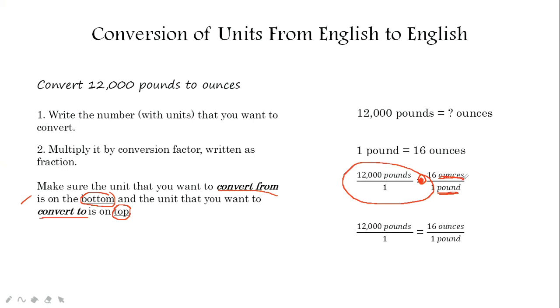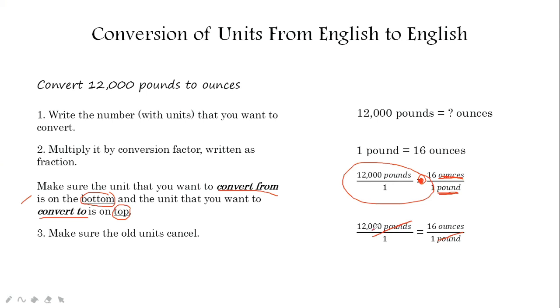Okay? So, next is multiply numerator to numerator and denominator to denominator. So, 12,000 multiplied by 16, and 1 multiplied by 1. And of course, the first step is to cancel the old unit. So, pounds and pounds cancel.